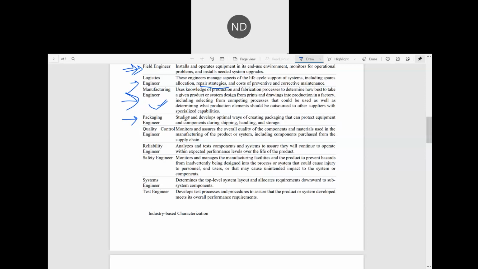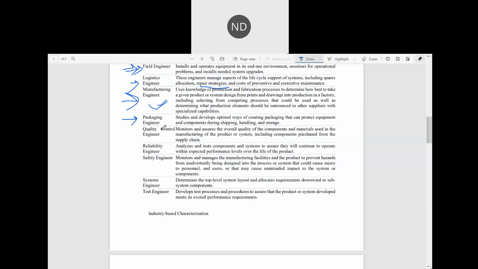If it is kept in the rain for two or three days, obviously the strength is going to be affected and the cement is going to set. The same goes for other materials too, like admixtures you have bought and kept like that. So the packaging engineer's work is to store and protect, to create different packagings.